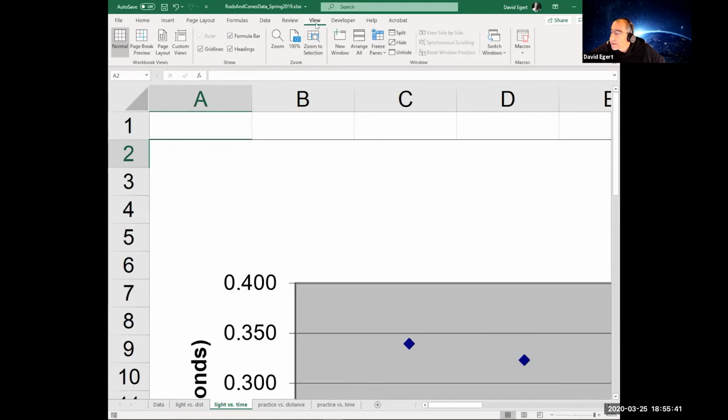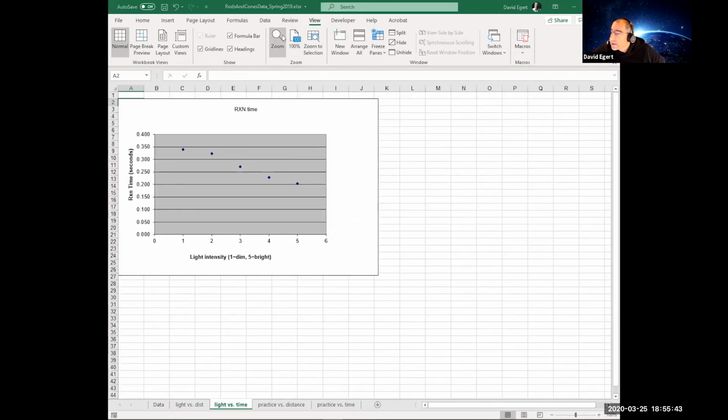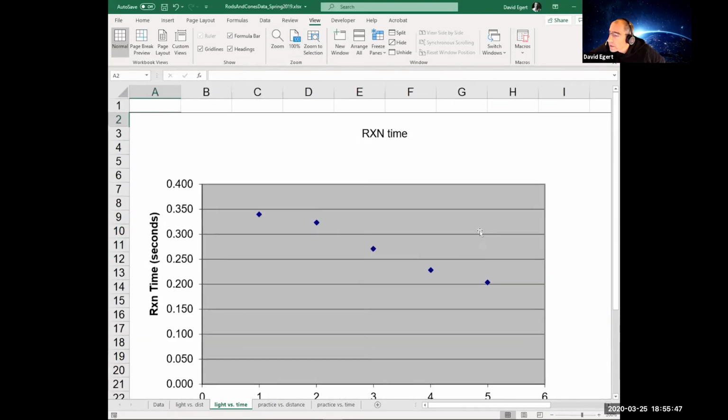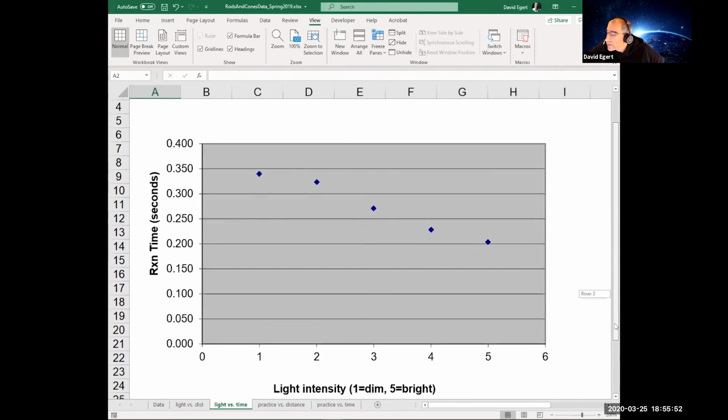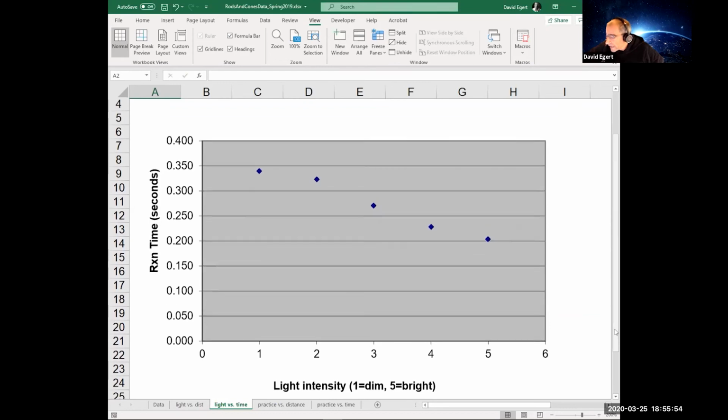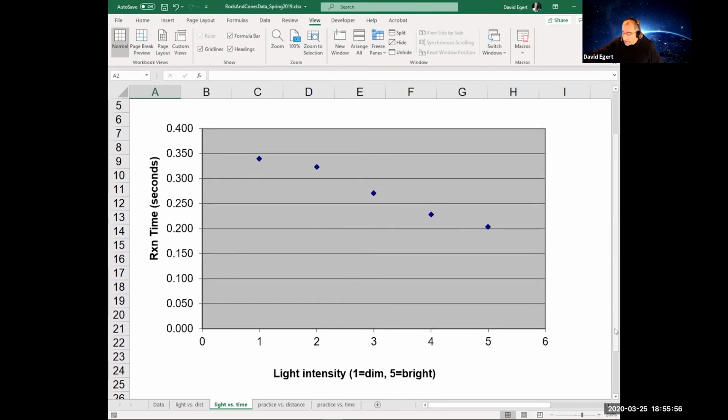Let's zoom. So we got this. Basically, as the light intensity goes from the dimmest to the brightest, the reaction time was 0.35 seconds in the dimmest, but was only a fifth of a second, 0.2 seconds, in the brightest.